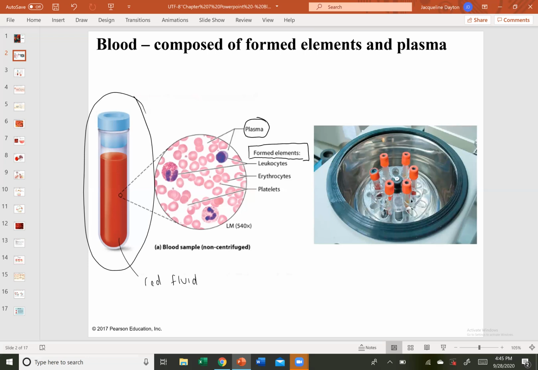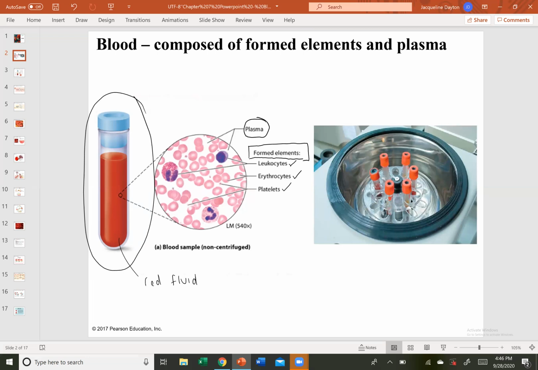The major formed or cellular elements that you will find inside of this liquid medium are leukocytes, erythrocytes, and platelets, okay? However, to the naked eye, you can't see these items. You can't see these cells floating around in the liquid medium. To the naked eye, it's just going to look like a homogeneous red solution.